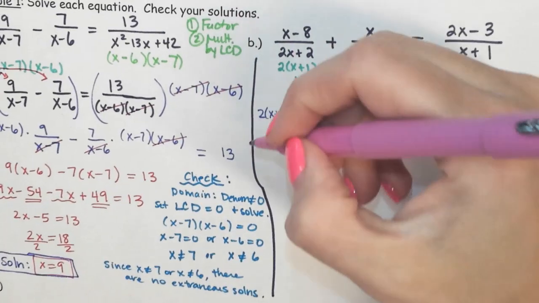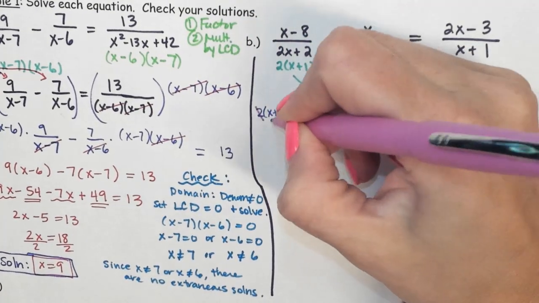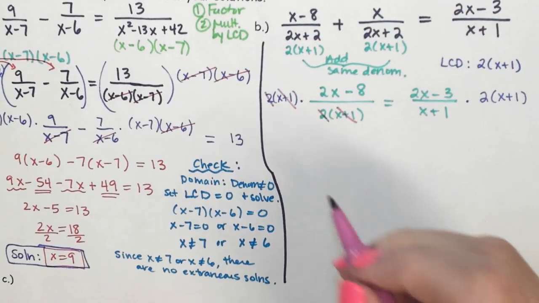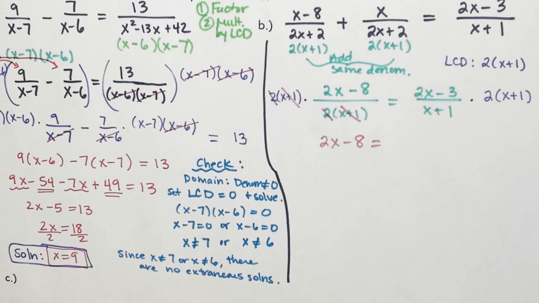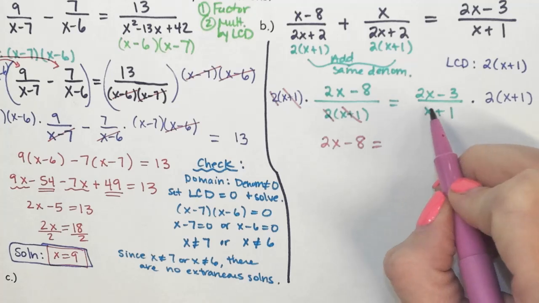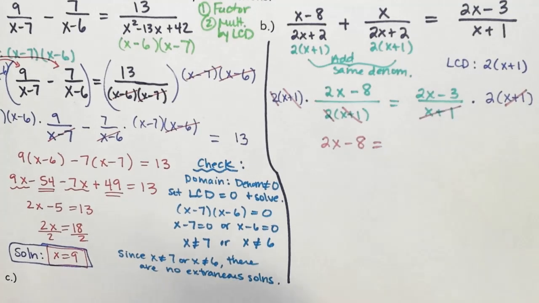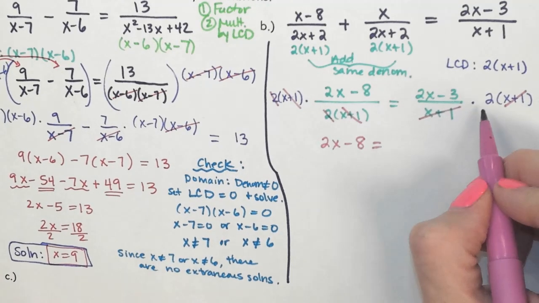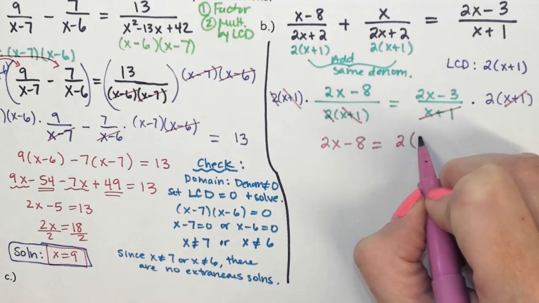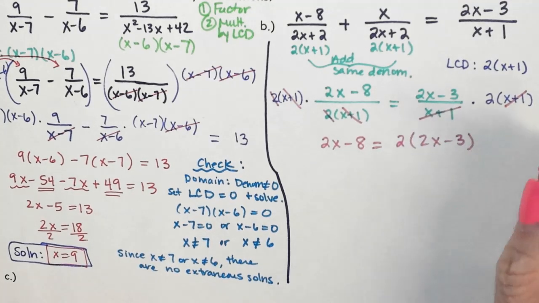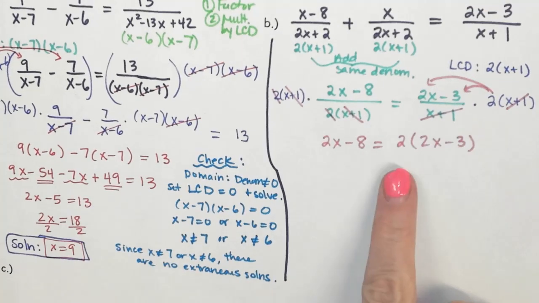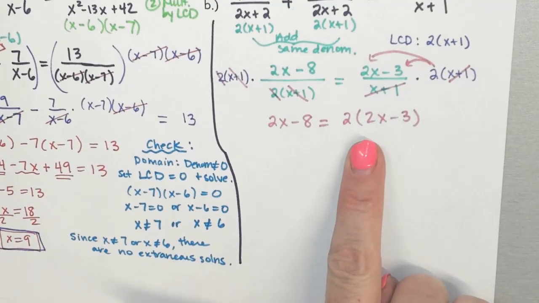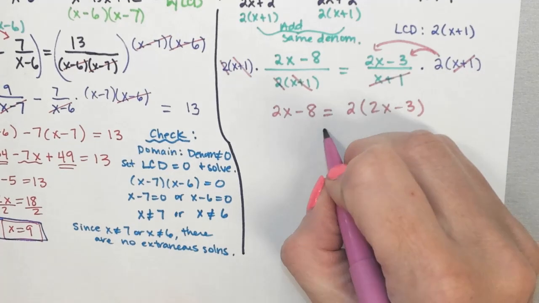So on this side, you can cross off the 2 and the x plus 1. That just leaves you with 2x minus 8. On this side, the x plus 1 is going to cancel out with the x plus 1, so you're going to have to multiply 2 times 2x minus 3. Again, you could distribute here and write the distributed version there. That's fine.